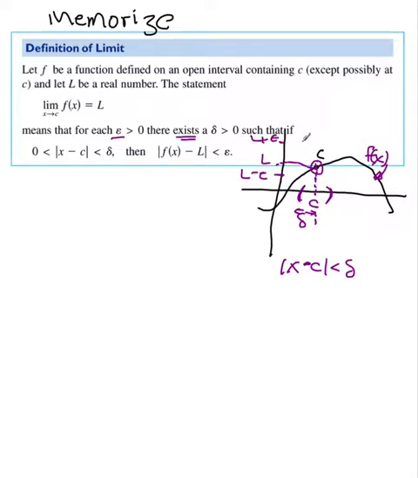All right, I know this is a little confusing. Let me read through it as a sentence. The limit as x approaches c of f of x is equal to L means for every epsilon greater than 0, there exists a delta greater than 0, such that if 0 is less than the absolute value of x minus c is less than delta, then the absolute value of f of x minus L is less than epsilon.